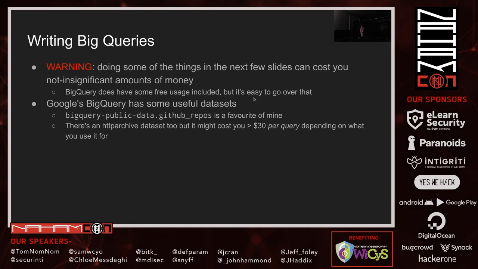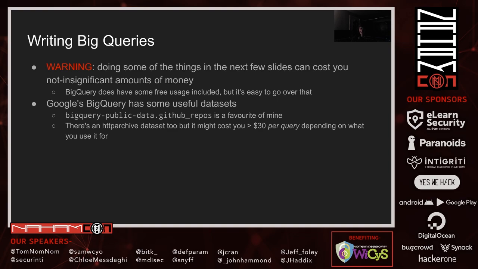But what there is also on BigQuery is some really useful data sets. One of them is in BigQuery public data. It's the GitHub repos data set, which contains quite a lot. It's a little bit outdated, but still very useful information about lots and lots of GitHub repos, including the file contents, the file names, all kinds of useful things. There is an HTTP archive dataset on there as well from the Wayback Machine. I'm not sure how up to date it is, but I can tell you it's very, very large.